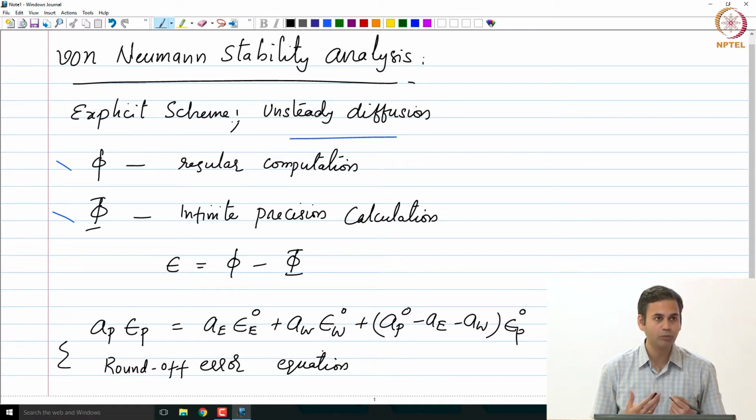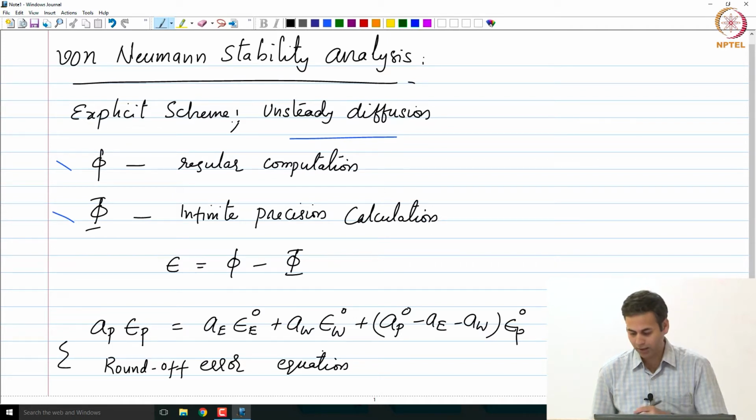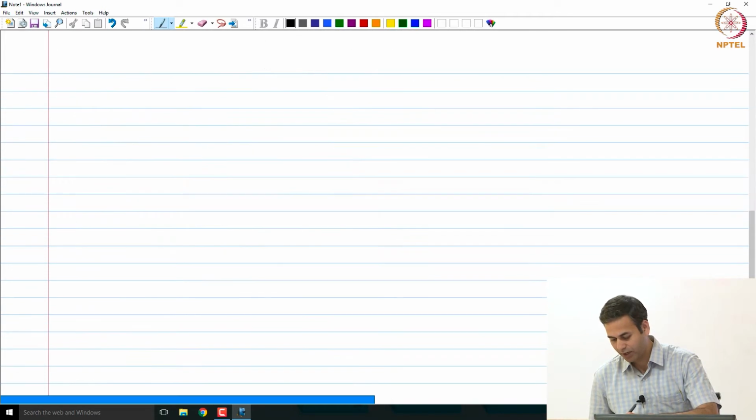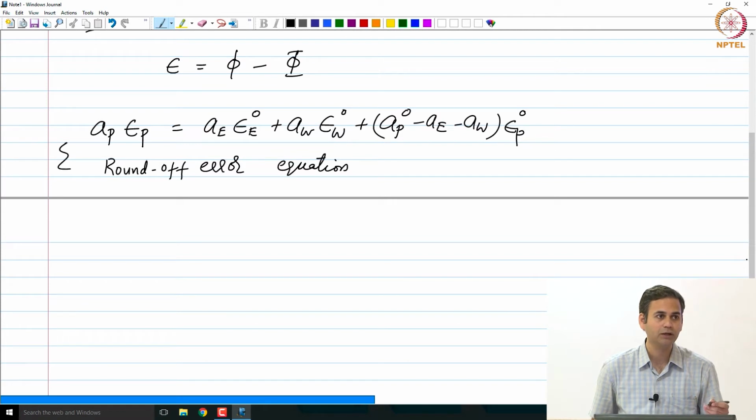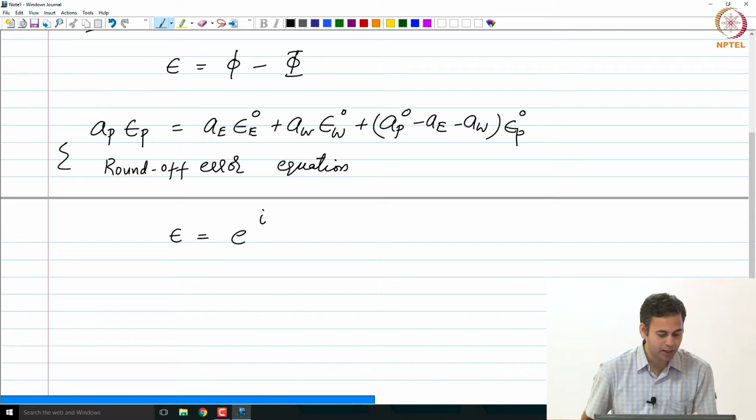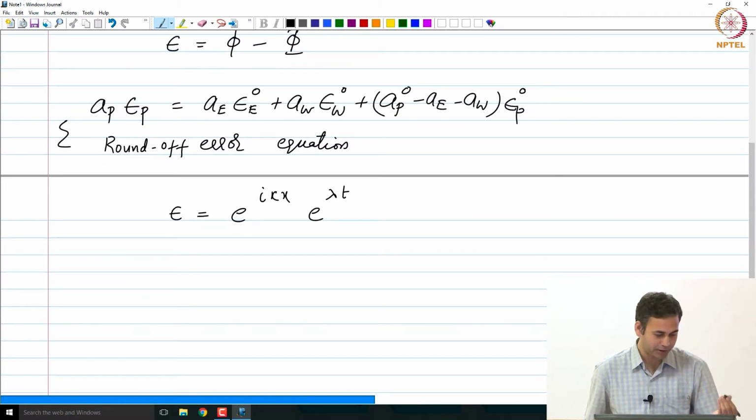Fine. Now, we said we have to introduce a model for the round off error. One good model is that it is composed of several spatial and temporal components in an exponential sense. Because this governing equation is linear, we do not have to look at each and every component of the error that we have modeled. Rather, we can just look at one component and analyze the solution. That is where we wrote epsilon as e to the power I k x times e to the power lambda t. We are interested in the growth or decay of this round off error from time step to time step.